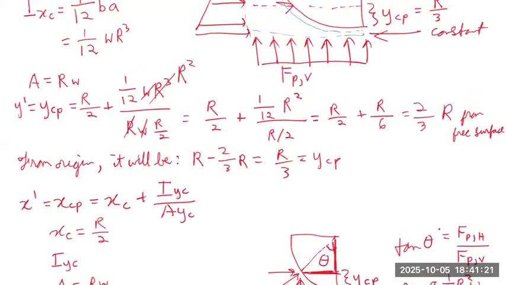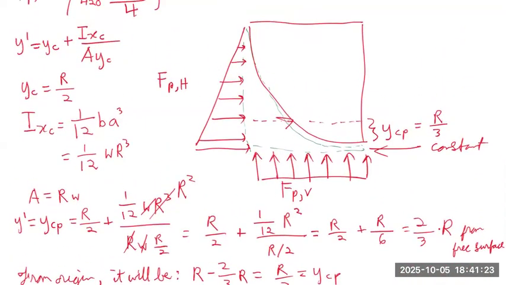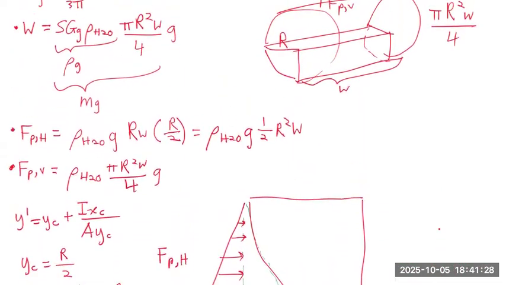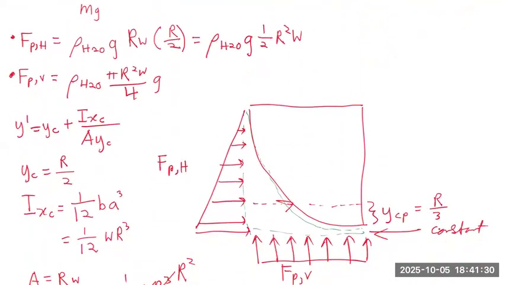And this makes sense from the explanation we found in the AI because for the vertical one, we took the vertical pressure force to be equal to the weight of the water above it.